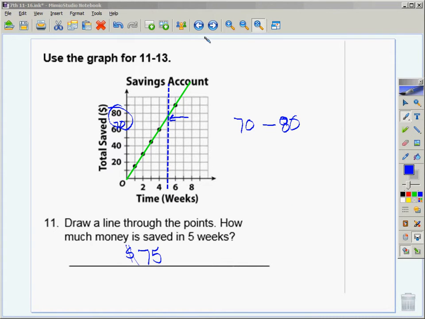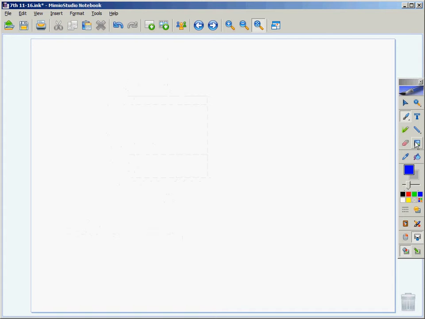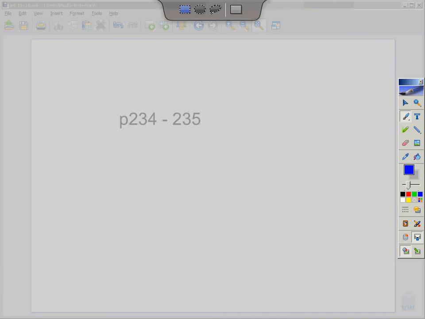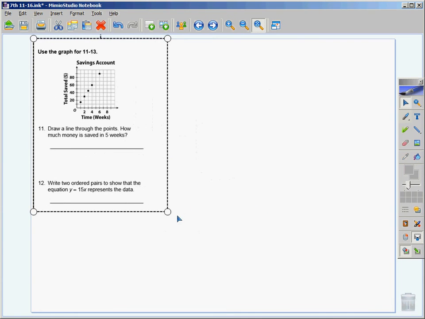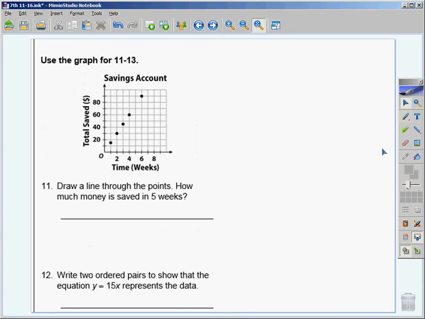Okay, number 12 was from the same graph. They asked me for two ordered pairs. I'm going to tell you that I picked two that I could clearly identify.